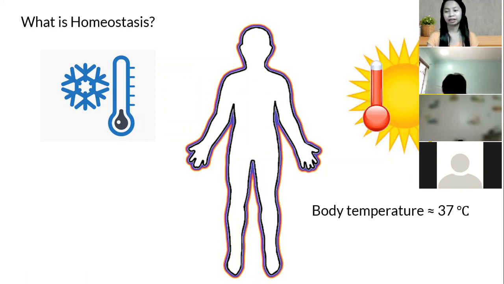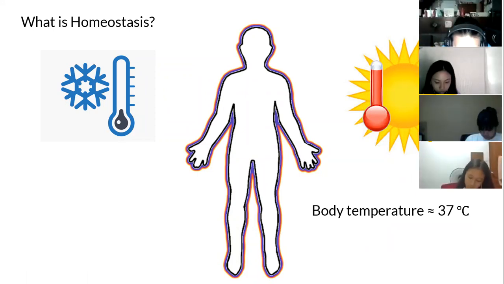Now, the question is, as our body has its normal temperature of 37 degrees Celsius, do you think it will change if the outside environment becomes too cold or too hot?